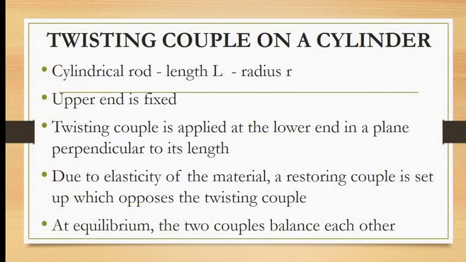So again here also we consider a cylindrical rod of length capital L and radius R, whose upper end is fixed, and we are applying a twisting couple at the lower end in a plane perpendicular to its length.